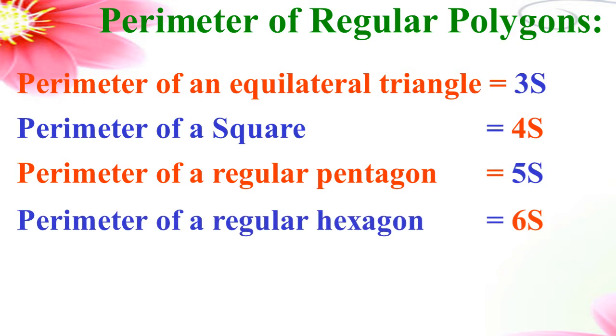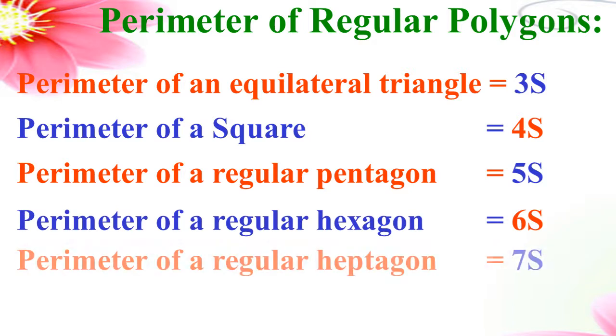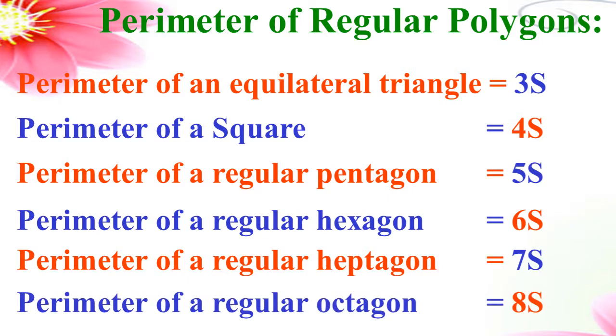Next, perimeter of a regular hexagon equal to 6s. Next, perimeter of a regular heptagon equal to 7s because a regular heptagon has 7 sides. Next, perimeter of a regular octagon equal to 8s.